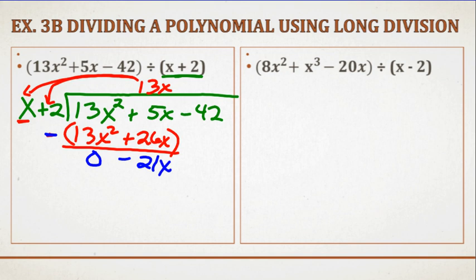Okay. If that is confusing, just make this a positive, change the signs inside here. And then you just add straight down. 5x minus 26x is negative 21x. Then I bring down the next term, so minus 42.